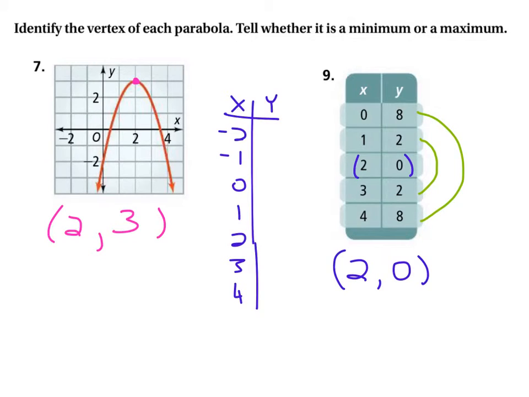And the y values are doing something like 11, 5, 3, 1, and then again 1, 3, 5, and 11.